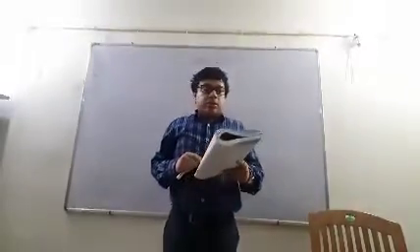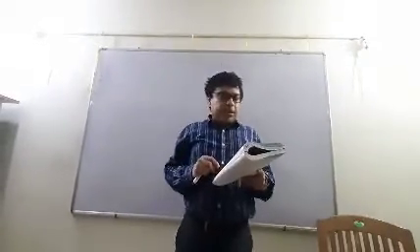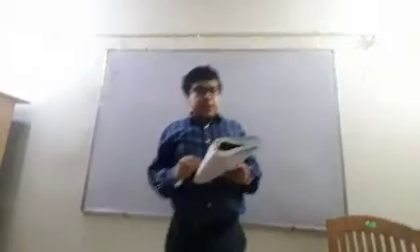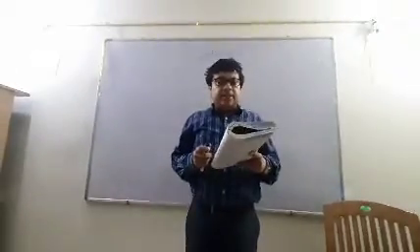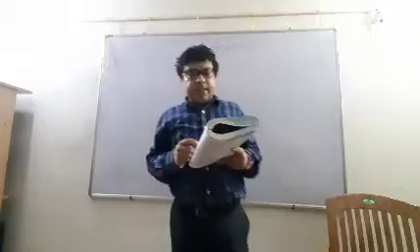So this is sum number 15, the last sum of the chapter partnership of the government book of class 10. The sum is like this: Pooja, Uttam and Meher started a partnership business by investing rupees 5,000, 7,000 and 10,000 respectively.